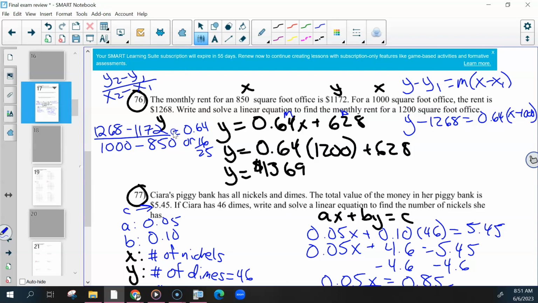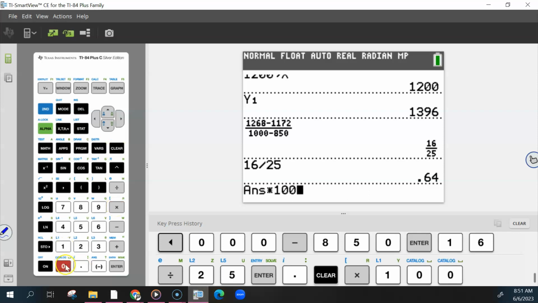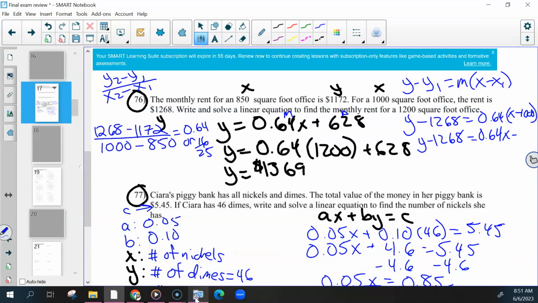You would solve that like normal, distribute. And then get y by itself by adding 1268 to the other side.